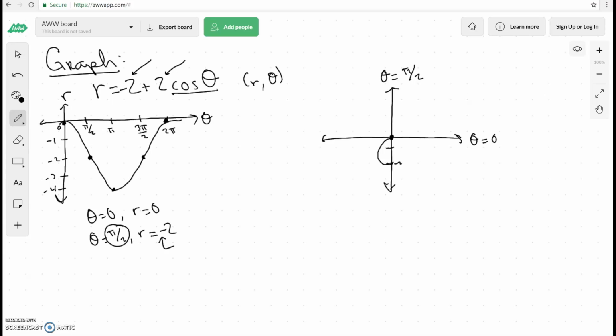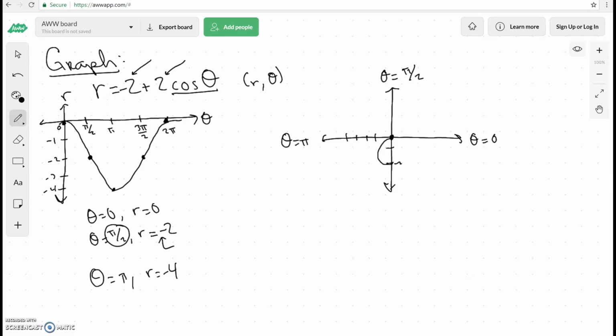Now, the next one is theta equals pi. At theta equals pi, what is going to be my value? It's going to be -4. So r in this case is equal to -4. Theta equals pi is right here, and my radius is not going to be +4, because that would be this way.